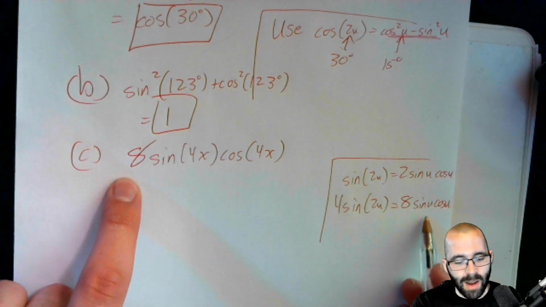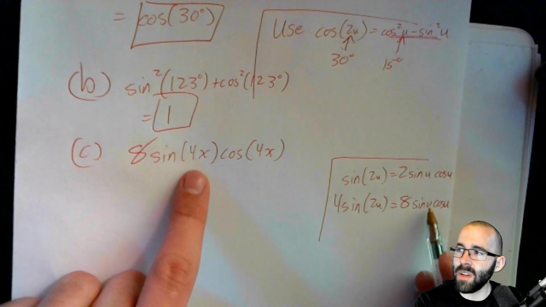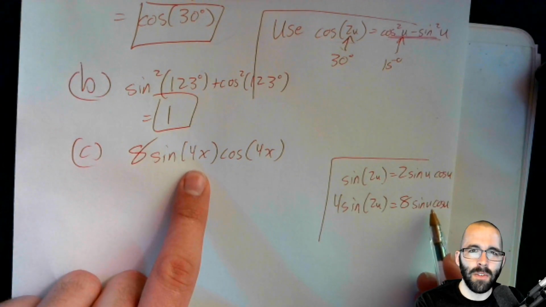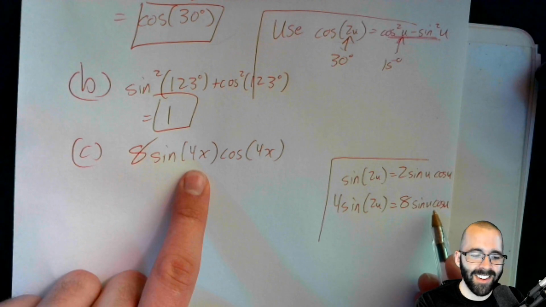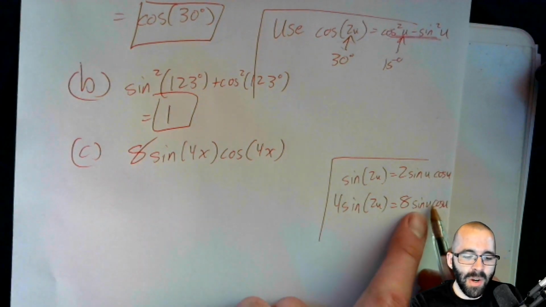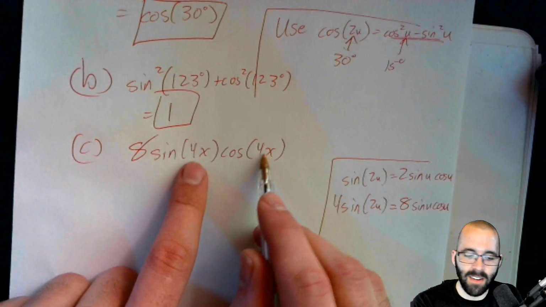But again, oh crap. We're stuck. I don't know what to do. We have a 4x in here, but we have a u in here. Wait, is that a problem? No, it's not. Just say that u is 4x. It doesn't matter what u is. All that matters is whatever u is, it's the same on both of these. It is the same here.